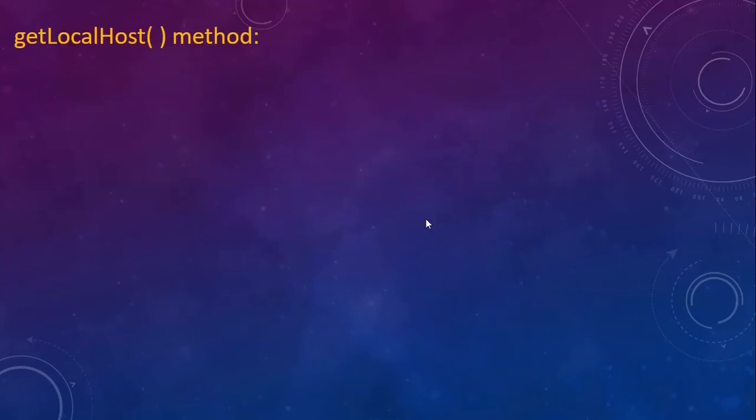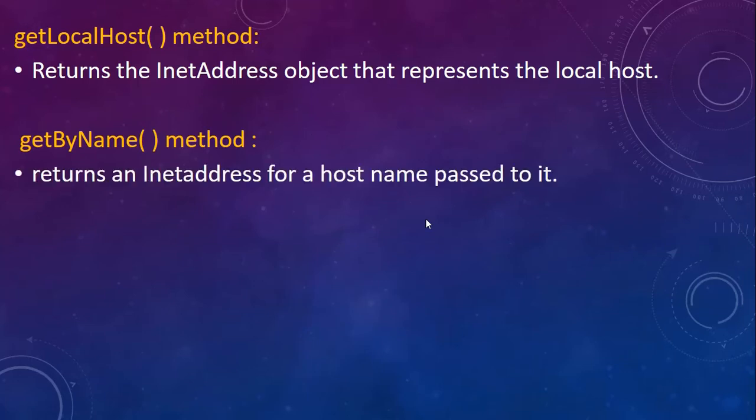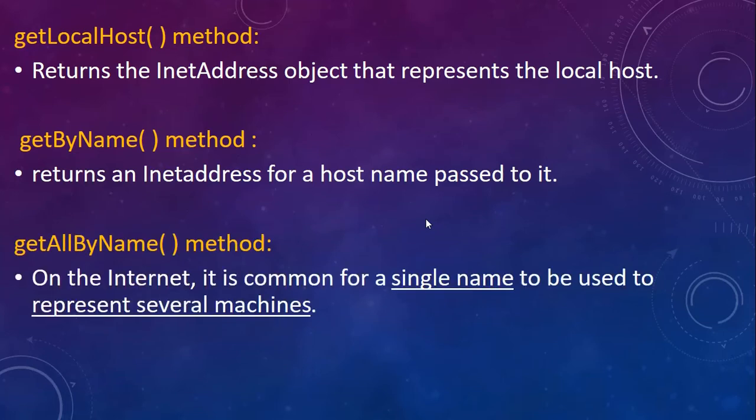First method is the getLocalHost method. It returns the InetAddress object that represents the local host. The getByName method returns the InetAddress for a host name that is passed to it. And the getAllByName method is basically used for what? There's a convention on the internet that sometimes you can use a single name to represent several machines.